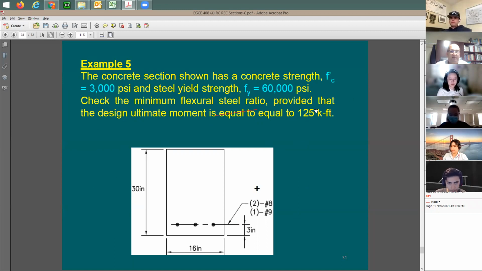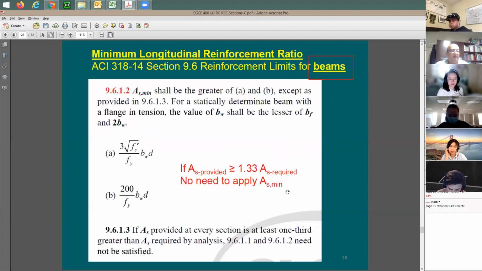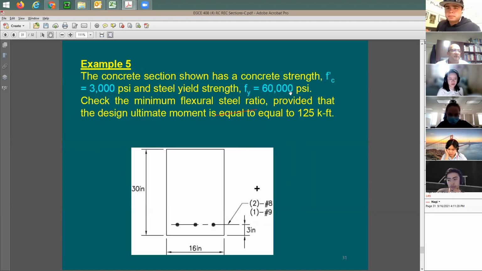So now I have the demand. In this example, I'm trying to see if I'm going to be able to use this condition or not. That's why they give me the demand. Demand is calculated out here, provided to you, 125 kip-foot.